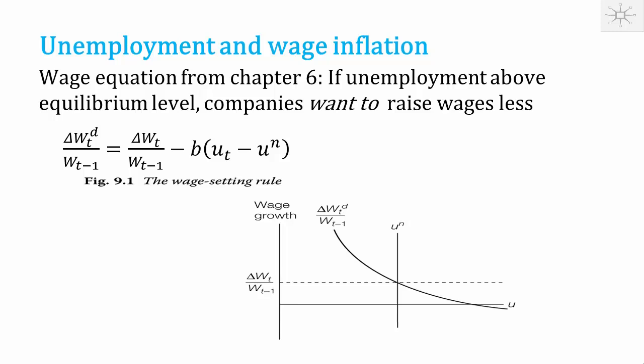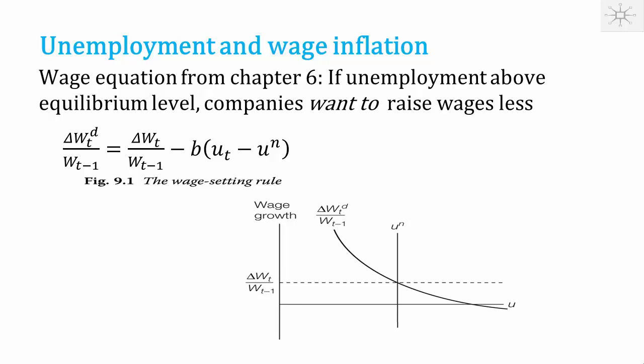In that chapter, we show that you could write the wage equation in terms of changes over time. The desired wage change of a firm is equal to the average wage increase in the market minus a coefficient B times the deviation of unemployment from its natural level. This says that if unemployment is on its natural level, the firm wants to raise the wage in line with the average wage growth in the labor market.